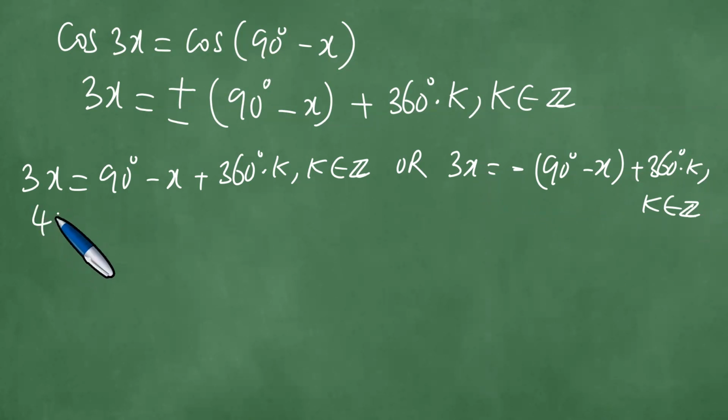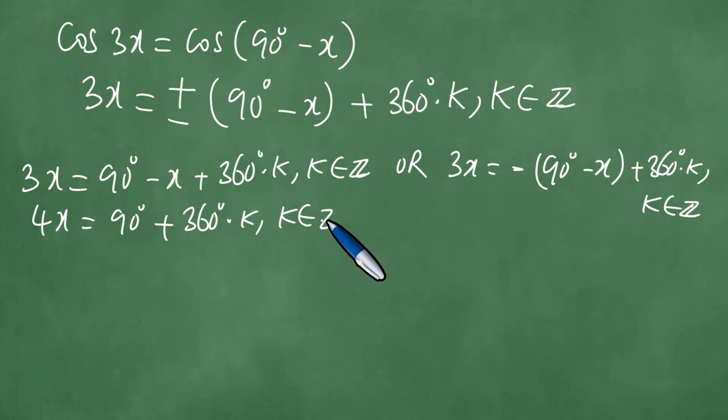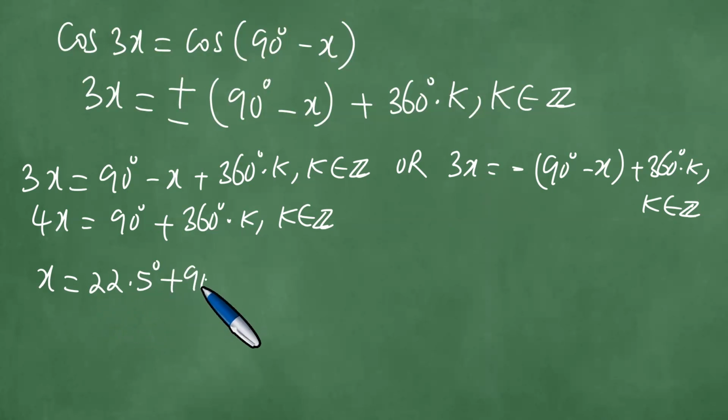Starting with the first case, we have 4x equals 90 degrees plus 360 degrees by k, k in z. Dividing both left and right by 4 gives us x equals 22.5 degrees plus 90 degrees by k, where k is an element of z.